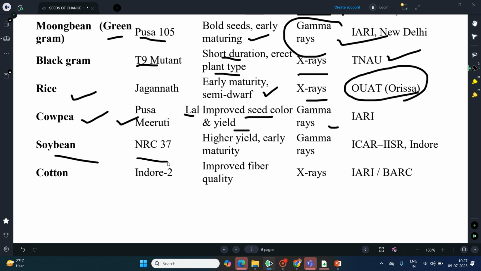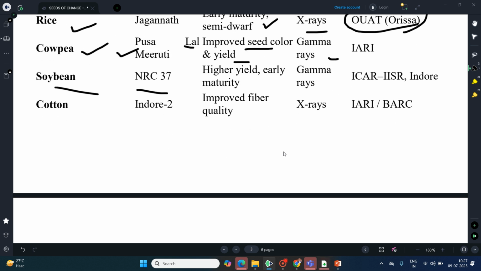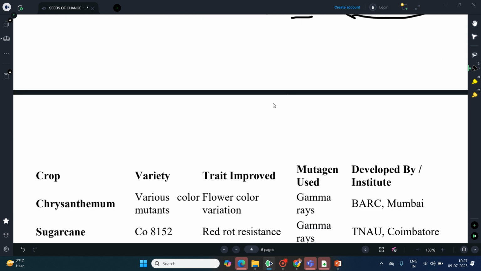Soybean NRC 37, higher yield and early maturity, gamma rays, by ICAR and the Indian Institute of Soybean Research, Indore, that is a joint venture. Cotton Indore 2, improved fiber quality by X-ray, in association with BARC; the IARI released this variety.